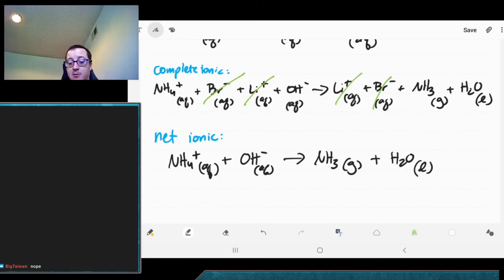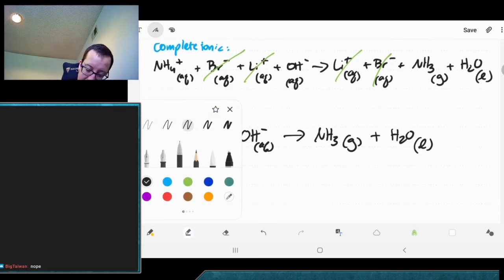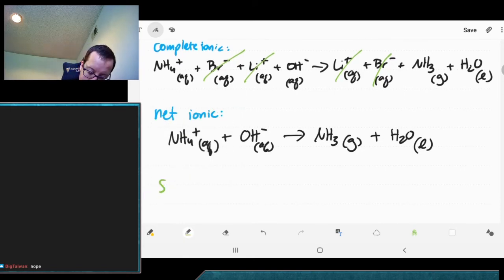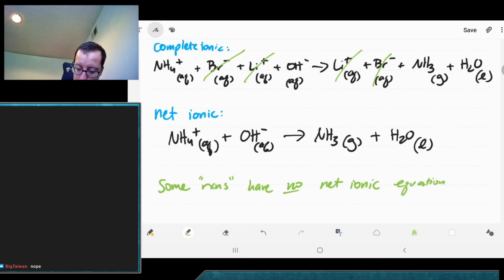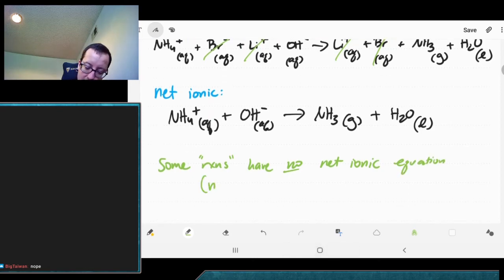Alright, so practice these. You should see that some reactions have no net ionic equation. And that means no reaction actually takes place.